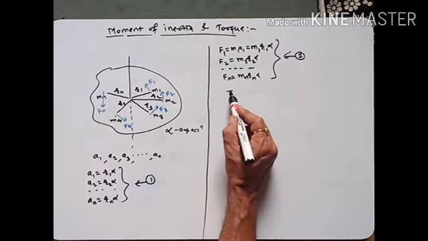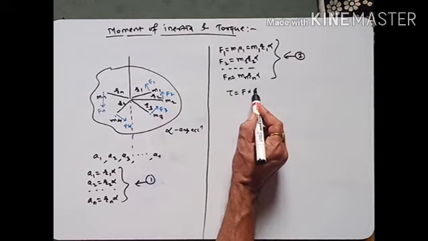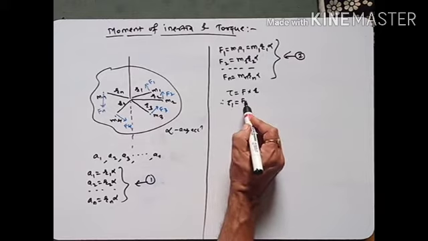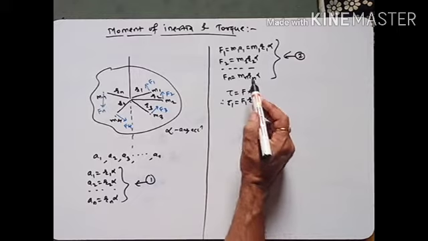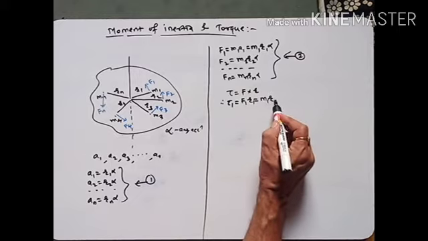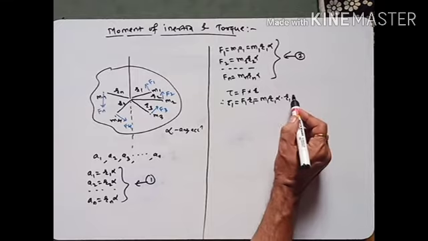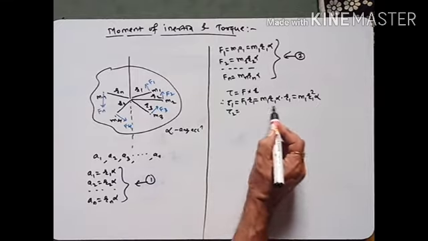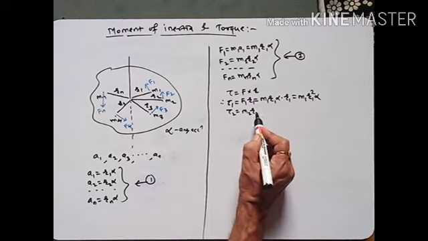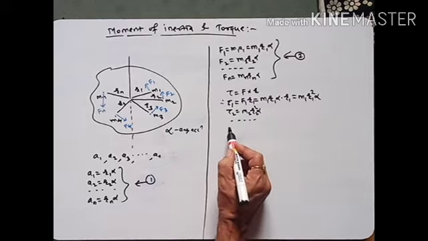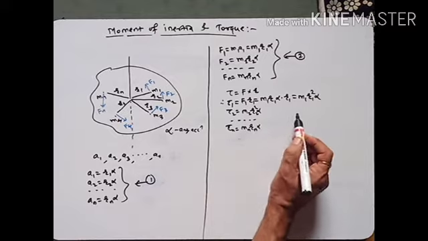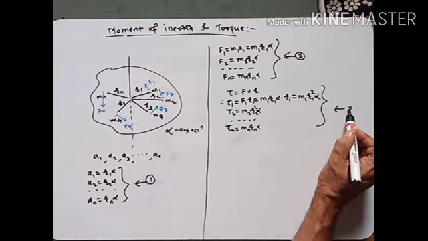Now torque is equal to force into moment arm, and therefore torque 1 is equal to F1 r1, which is equal to m1 r1 alpha into r1, equal to m1 r1 square alpha. Tau 2 is similarly m2 r2 square alpha, like that. Tau n is equal to mn rn square alpha. Suppose all these are equation number 3.